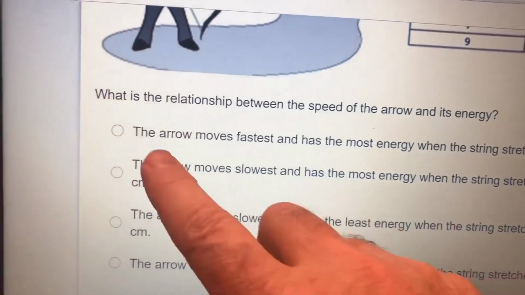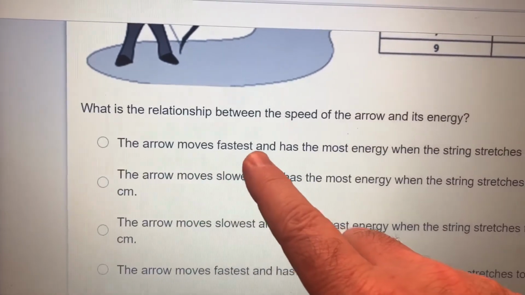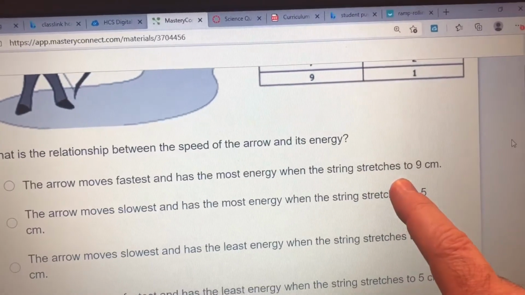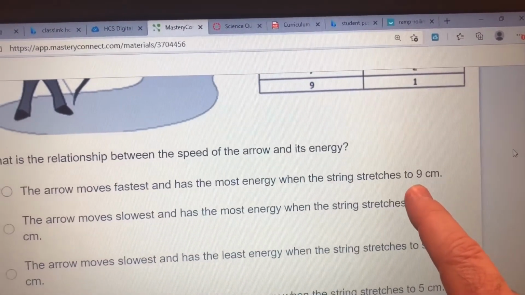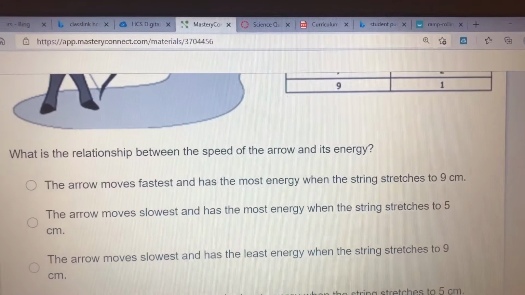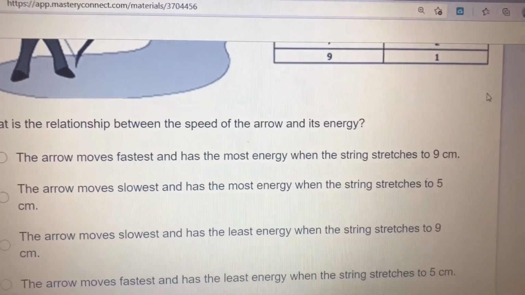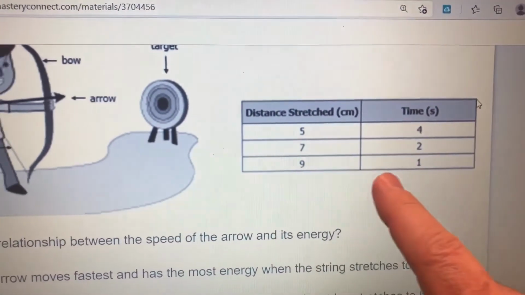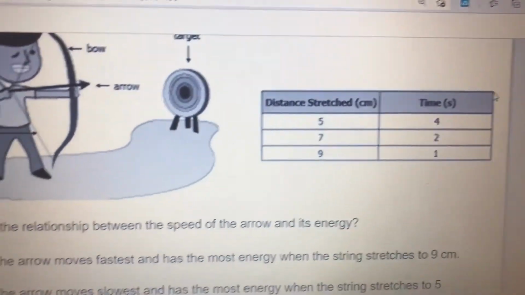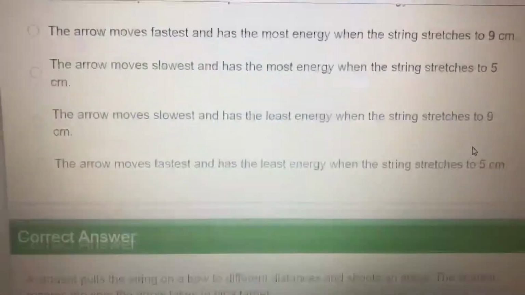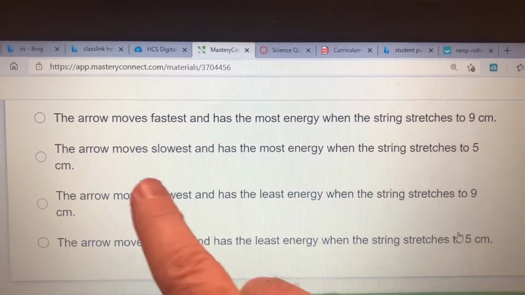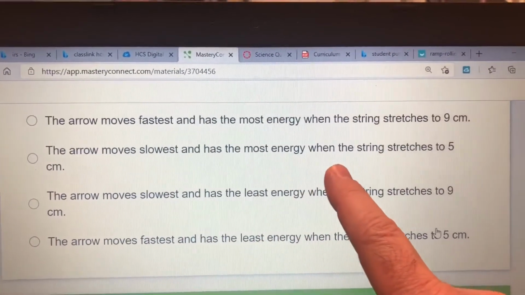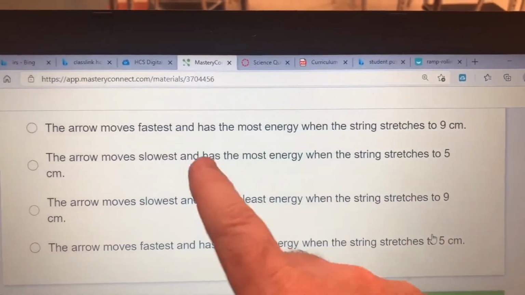Okay, so let's look at number one. The arrow moves faster and has the most energy when the string stretches to 9 centimeters. So let's look at the chart. So 9 centimeters, 1 second over here. Well, let's keep looking just to make sure. The arrow moves slowest and has the most energy when the string stretches to 5 centimeters.